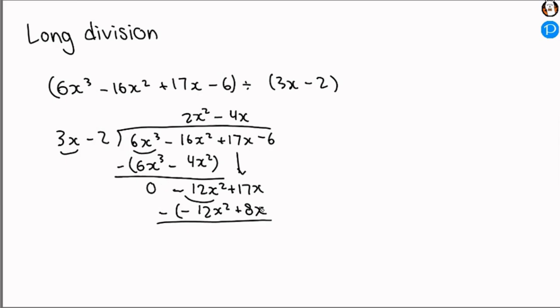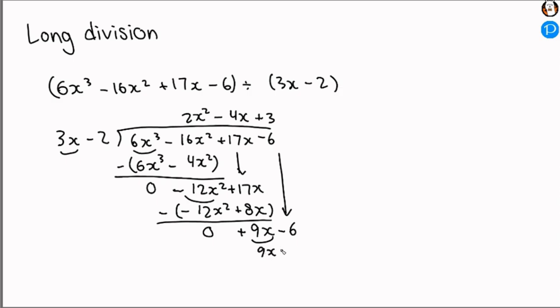Now subtract these two, which will get 0 here, positive 9x. Finally, bring down the last term, which is negative 6. 9x divided by 3x is going to give us positive 3.